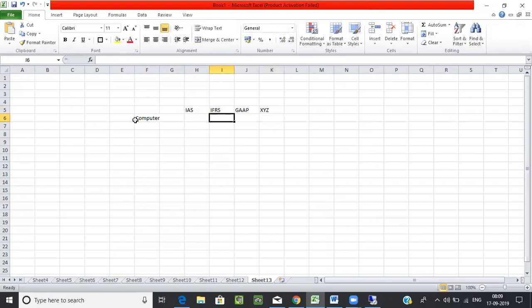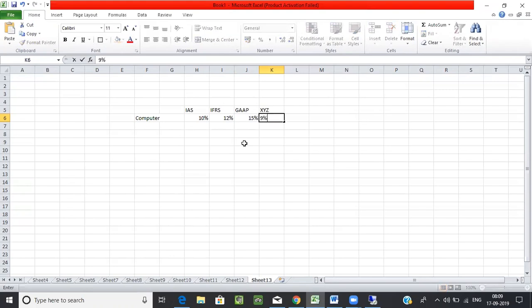Now, according to these, in the case of international accounting standards, the rate of depreciation is going to be 10%. But as per IFRS, it has to be 12%. As per GAAP, it has to be 15%. And as per XYZ, let's say it is 9%.